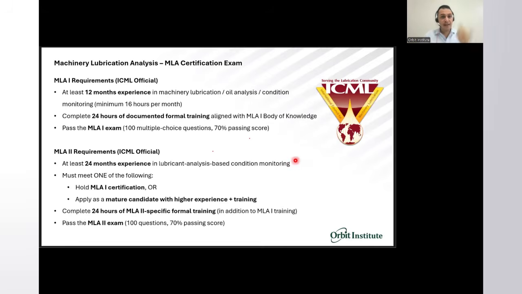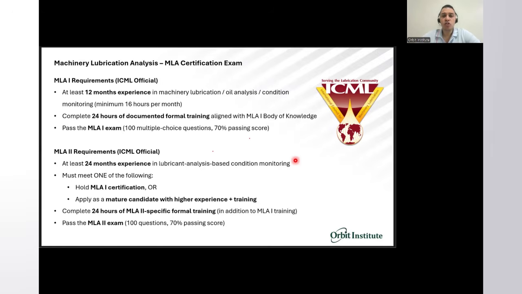So now about the exam. If people want to know more about the MLA 1 or MLA 2 exam, what are the requirements to attend the exam and so on. For MLA 1, you need at least 12 months of experience in machinery lubrication, oil analysis, condition monitoring, a minimum of 16 hours per month and so on.